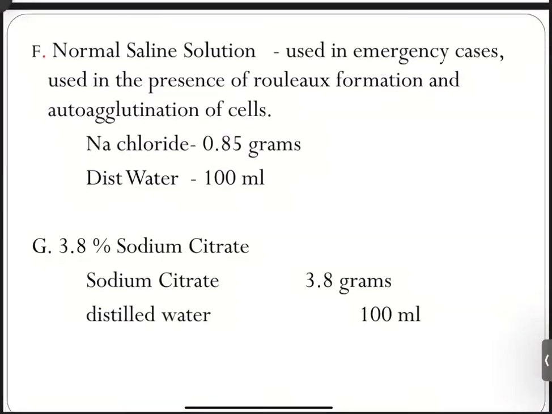Then you have NSS, used in emergency cases, and in the presence of rouleaux formation and autoagglutination of cells. It is composed of sodium chloride 0.85 and distilled water, which will provide you 0.85% NSS, which is the normal body concentration. 3.8% sodium citrate can also be used as a diluting fluid for RBC, composed of sodium citrate and distilled water.